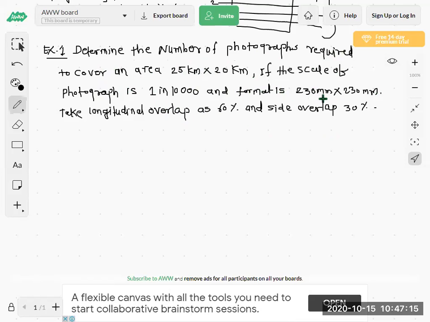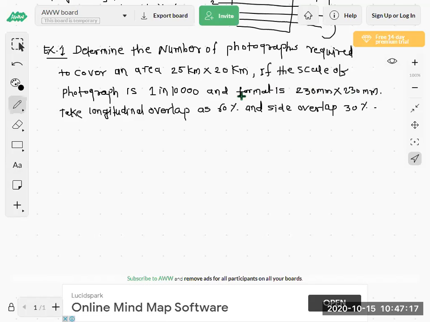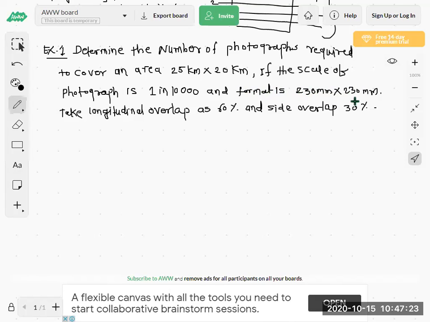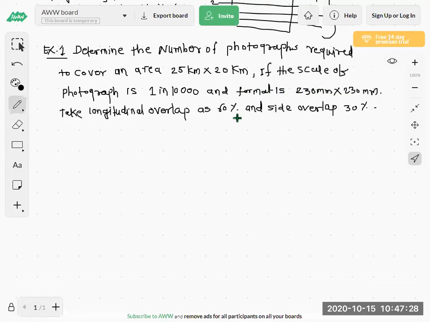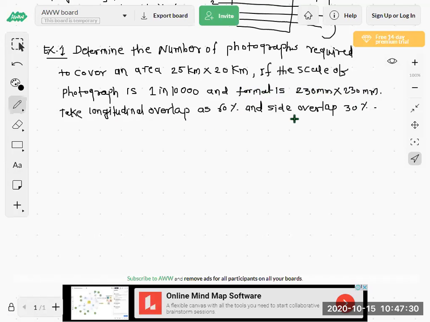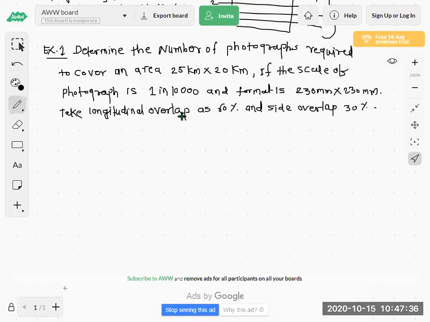It means size of photograph. Here they have written format. Size of photograph or format is 230 by 230. Take longitudinal overlap as 60% and side overlap 30%. As an engineer, if we are taking the photograph of this land, that overlap you have to decide.